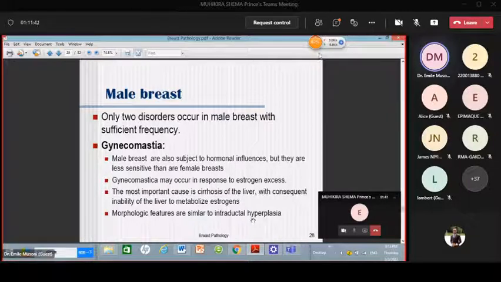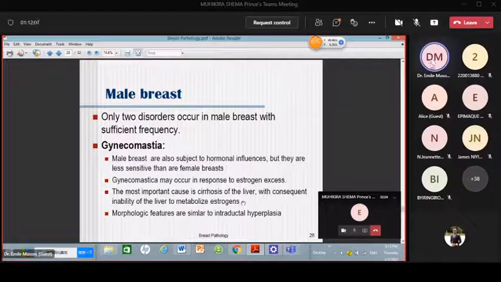Histologically, the breast of the male and the female is similar. The difference is that in female it is more developed than in male. You can have gynecomastia in case of cirrhosis of the liver, as a consequence of the inability of the liver to metabolize estrogen.